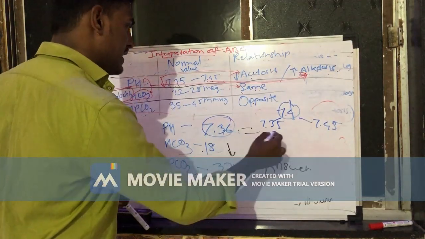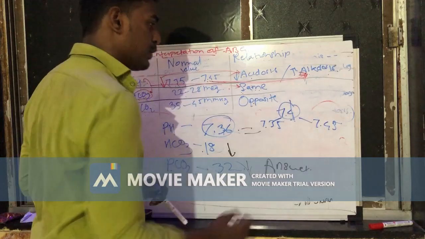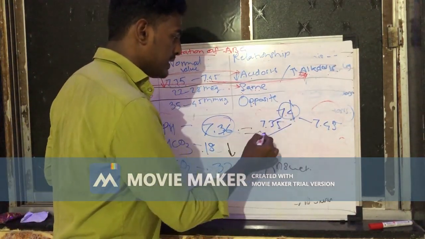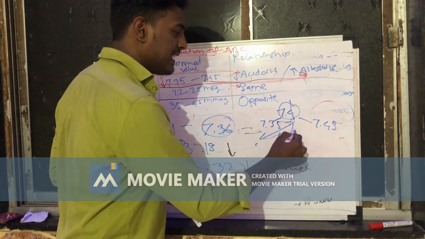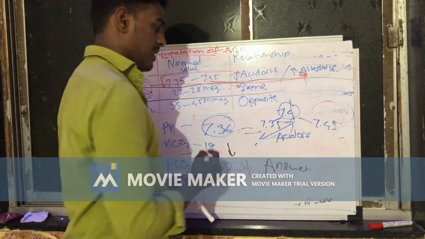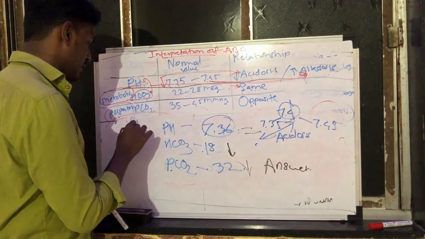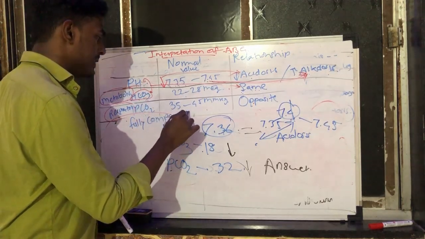So this value is ranging in which area, 7.35 to 7.4 or 7.4 to 7.45? 7.4 to 7.35, this area. Which area is this? Acidic area. So here we are going to say fully compensated.